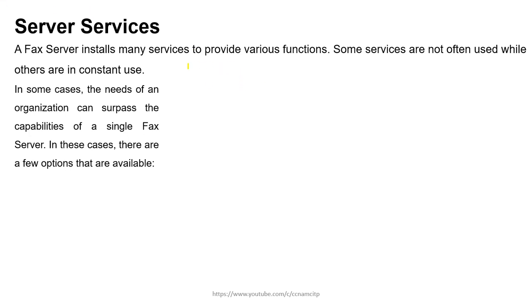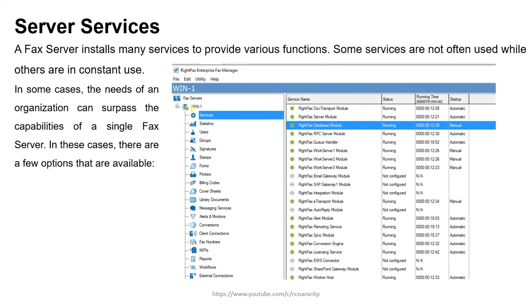And what is the role of a service? The role of a service is to provide functionality, specific functionality. Every server has a specific function. And you can see here, I have deployed one Windows server as a RightFax server. This is my farm.